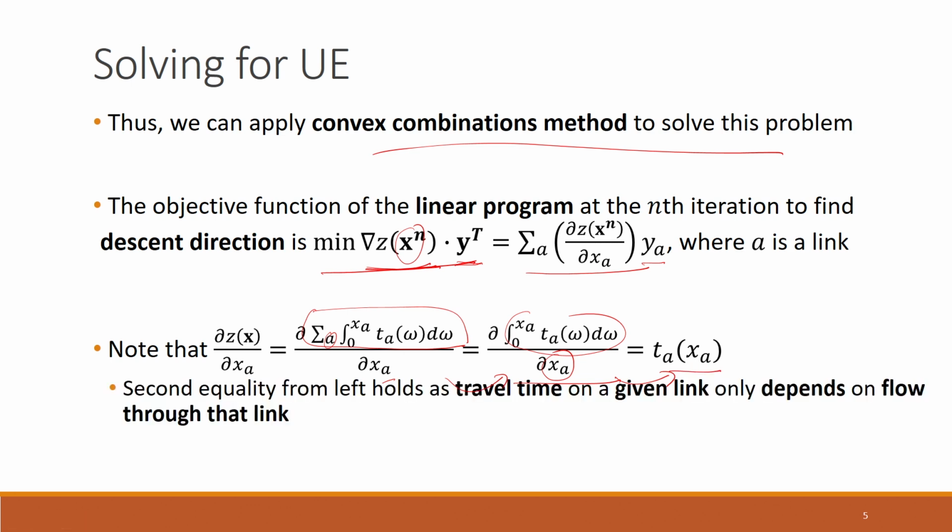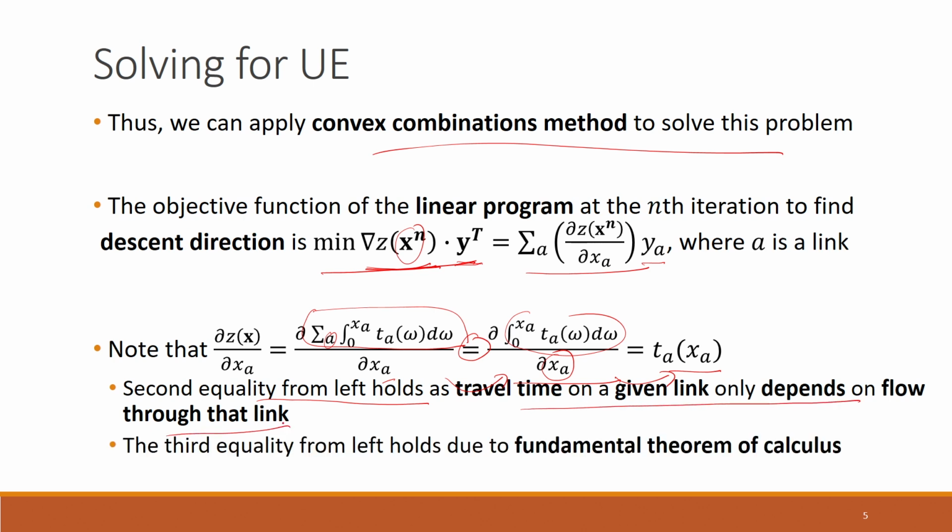So the second equality from the left holds as the travel time on a given link only depends on the flow through that link, and the third equality from the left holds due to the fundamental theorem of calculus. So now we have simplified this partial derivative of the function z with respect to the flow on link A as this.